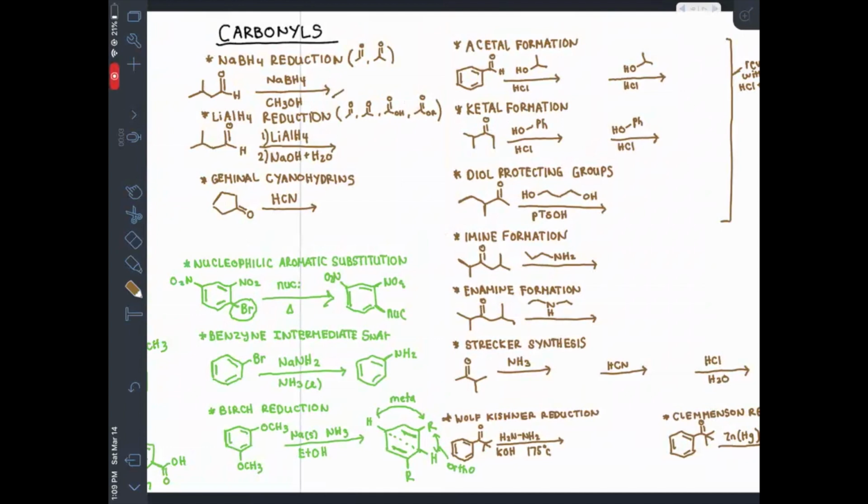And we're going to turn the aldehyde into an alcohol, okay? The same thing can be applied to lithium aluminum hydride reduction. And so in the case of aldehydes and ketones, we're going to get the alcohol product.